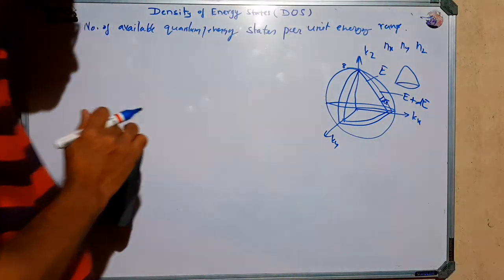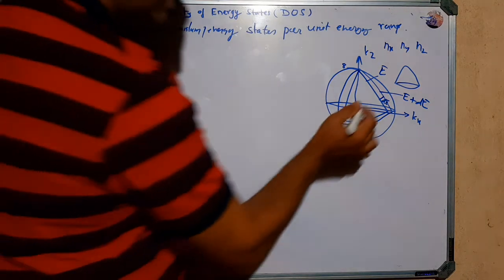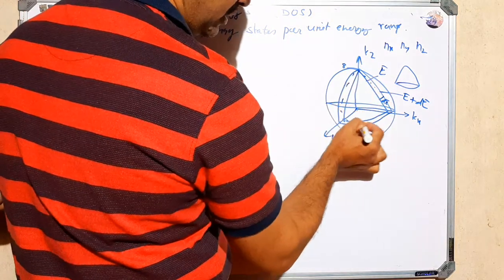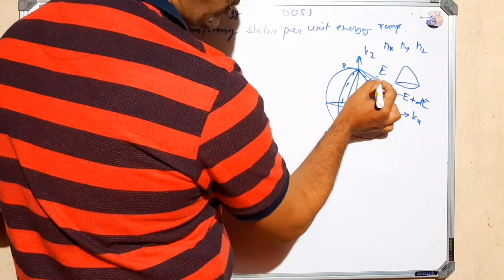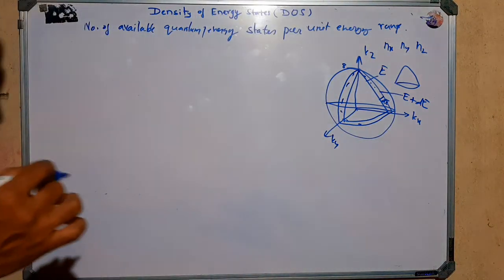First of all, you have to calculate how many energy states are present in the volume enclosed between E and E plus dE.